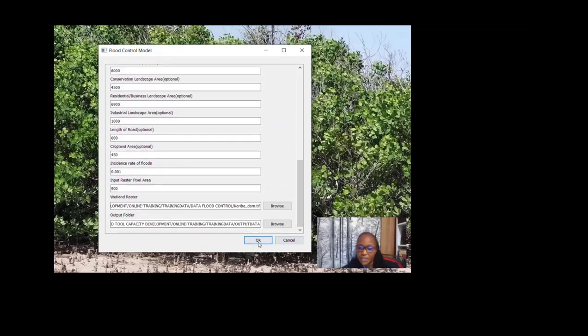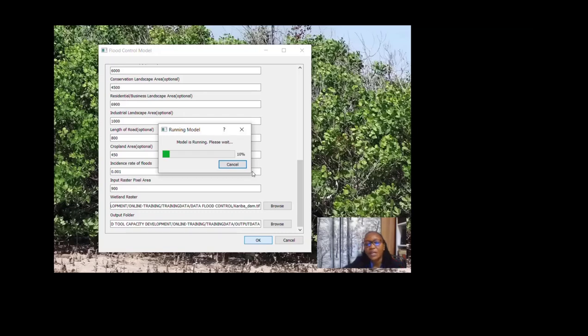We can click OK so that we allow the model to run. We have loaded quite a number of data sets, so we have to give it time for the entire process to run, so that we can have the flood control value for our wetland, which is Kariba. The model is at 90%, almost done.